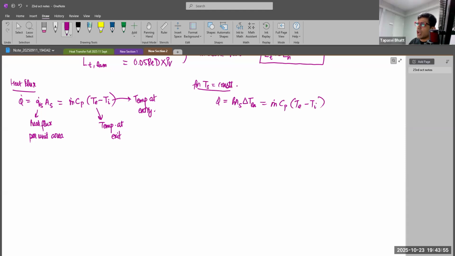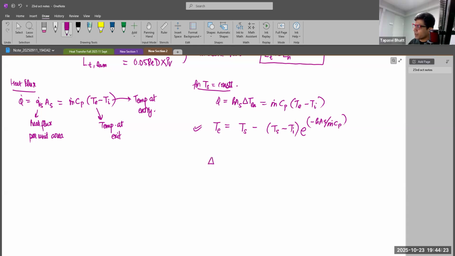And from this you can actually calculate Te. What will be the exit temperature? Exit temperature would be Ts, the temperature of the surface, minus (Ts minus Ti) times e to the power minus h A_s over m dot Cp. So this is how you calculate the exit temperature of the fluid.